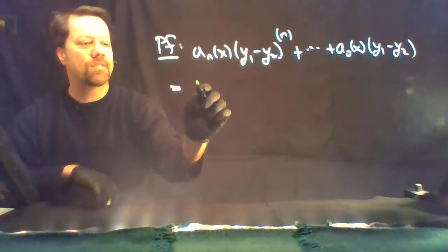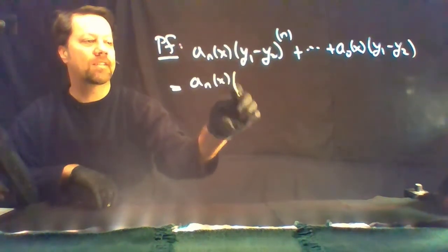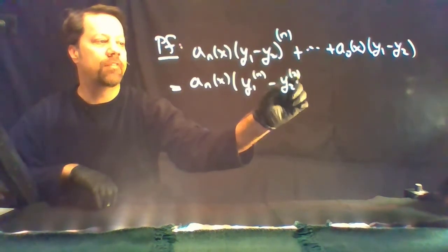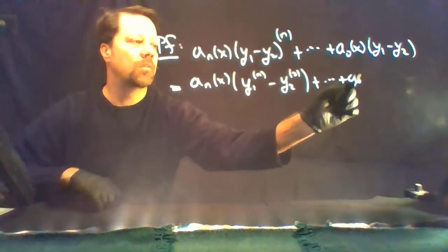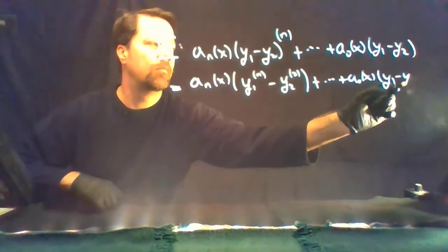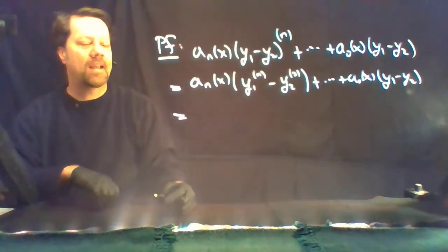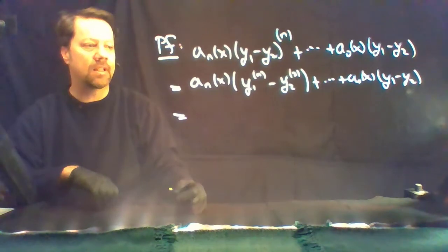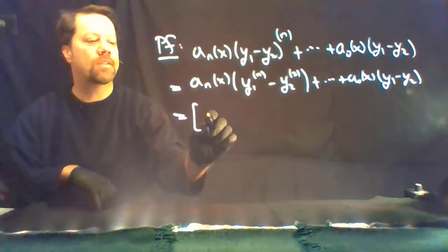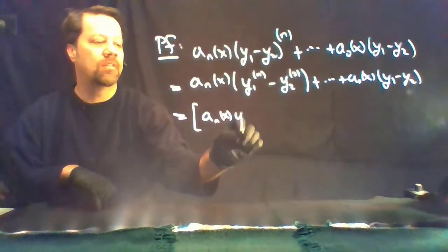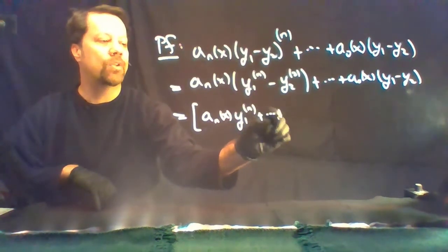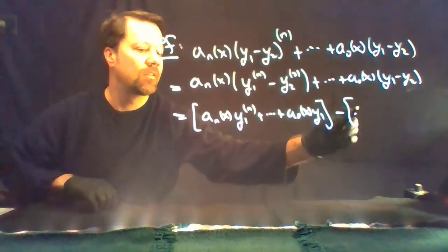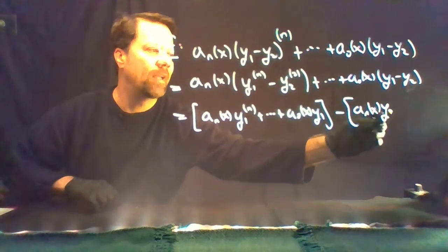So we can rewrite this first as a_n of x, the nth derivative of y1 minus the nth derivative of y2, and then using the commutative and associative properties of addition in addition to the distributive law, we can rewrite the sum separating out the y1s and the y2s, minus what you get when you plug y2 in.